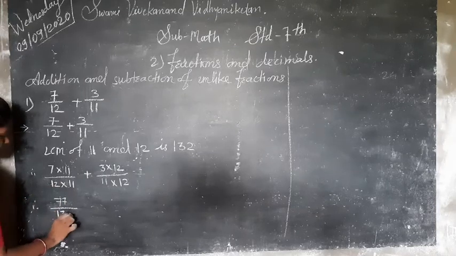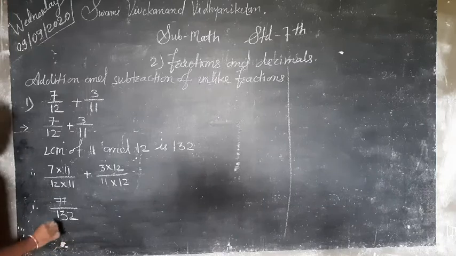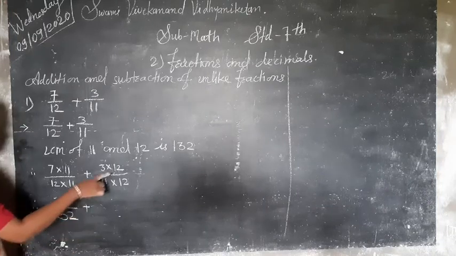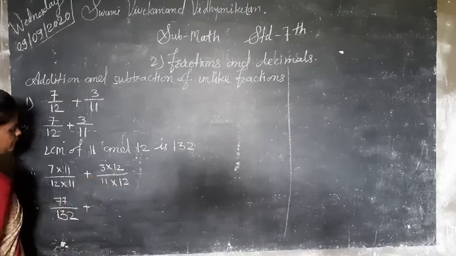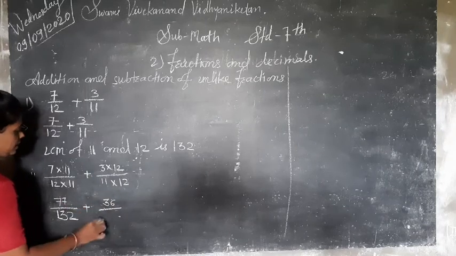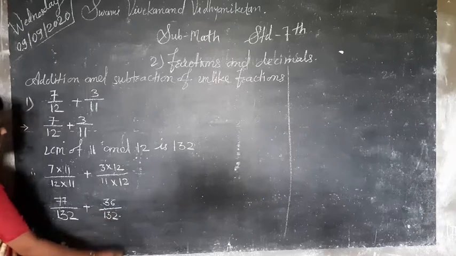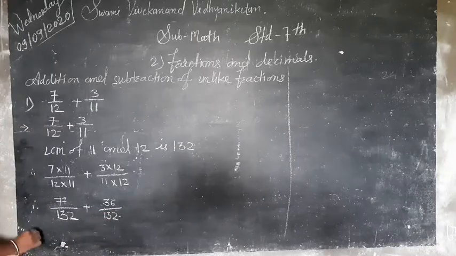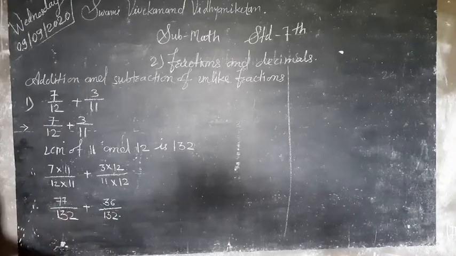So it's 132, not 120. See, plus 3 multiplied by 12, 36 upon 132.